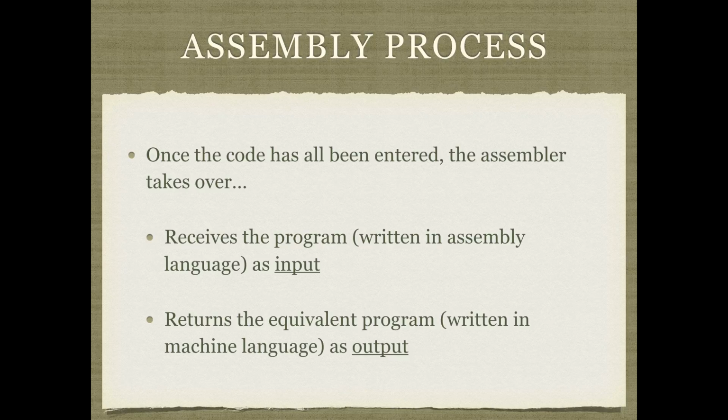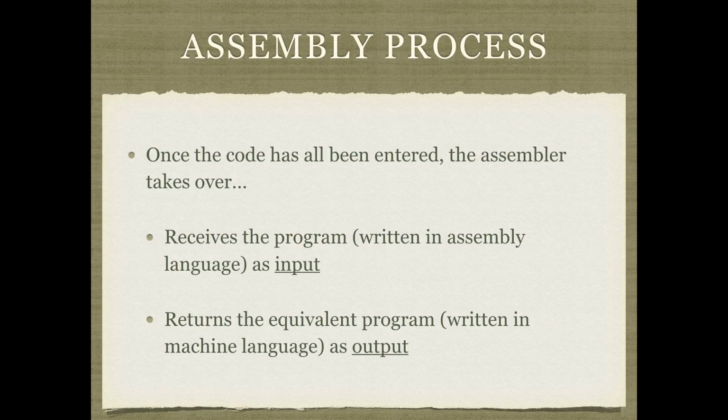So once all the code has been entered, now the assembler takes over. It takes whatever code you've written, again in assembly language, as input, and then returns the equivalent machine language program as output, so actually ones and zeros. Think of it as an actual language translation process.